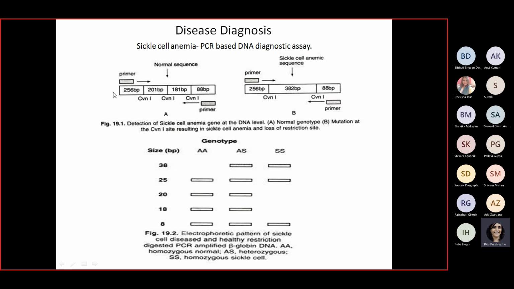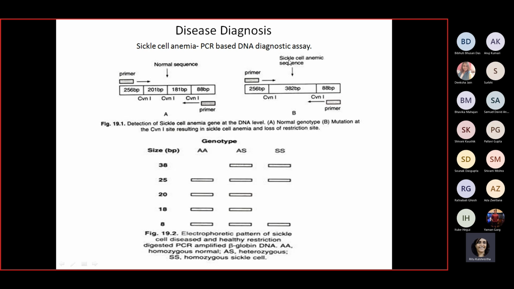In a normal sequence for that gene, you will get 4 fragments if you digest it with CvnI. In the disease gene in sickle cell anemia, because there is a mutation in the recognition site of the restriction enzyme, the enzyme cannot bind to it and this site is lost.